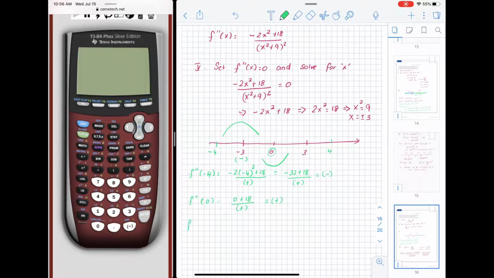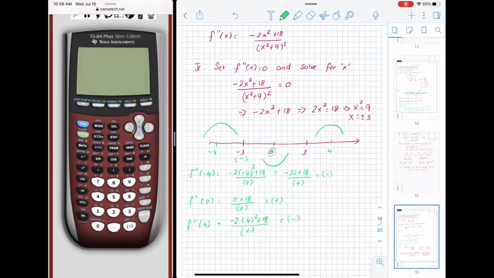And f double prime of positive 4 would be negative 2 times 4 squared plus 18 divided by a positive number, which will be a negative number, so it's concave down.